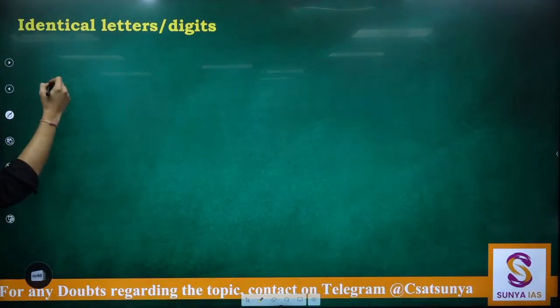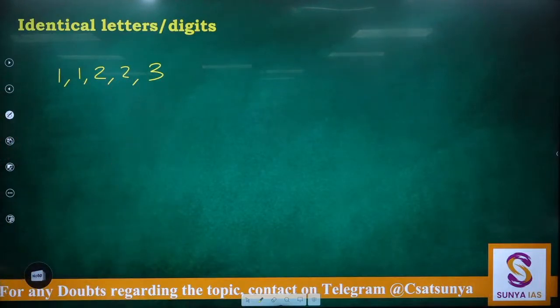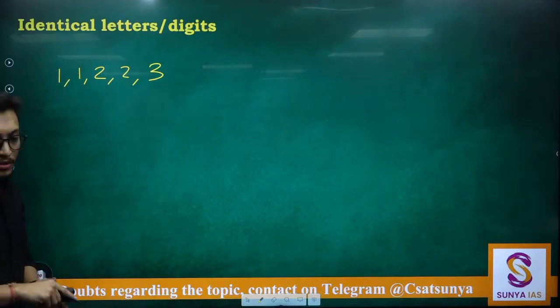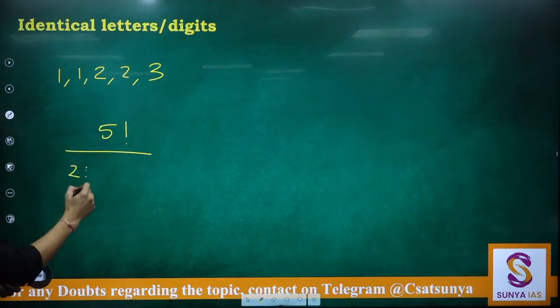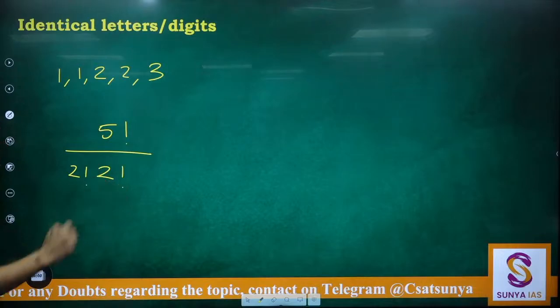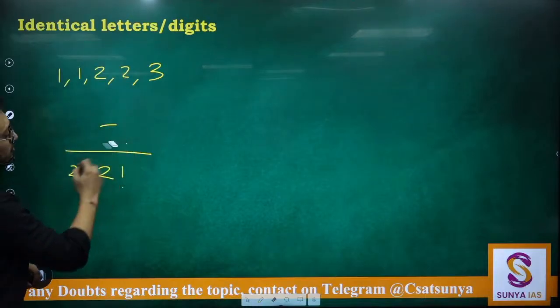Let's say, tell me how many different numbers can be formed using these digits. 5 factorial, 2 factorial, 2 factorial. समझ में आ रहा है? ये भी हो सकता है मैं अच्छा पढ़ा रहा हूँ.